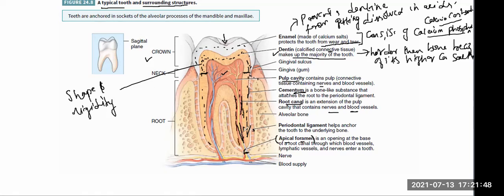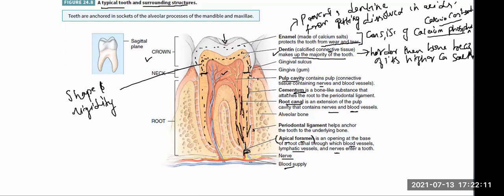This opening is known as the apical foramen. And through this opening, the blood vessels, the lymphatic vessels, and the nerves enter the tooth. So nerves, blood supply, and lymphatic vessels, everything enters through this apical foramen that makes up the pulp cavity, right?